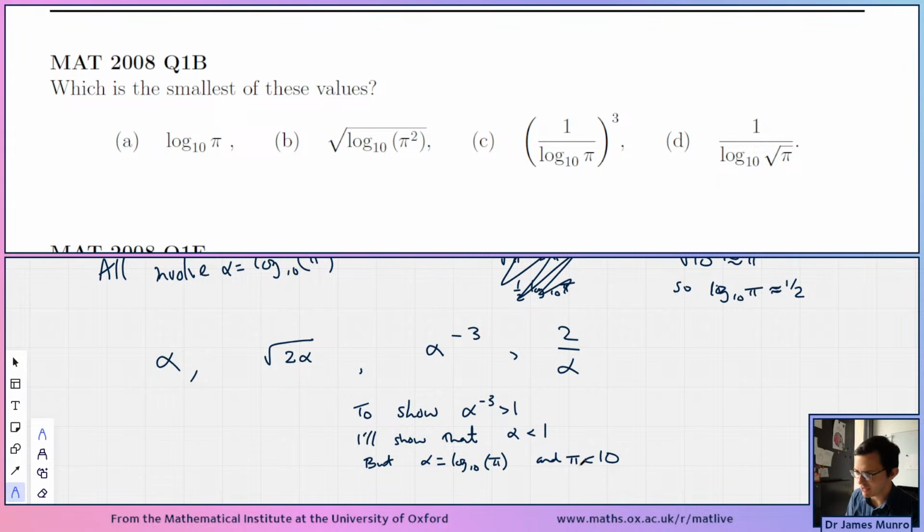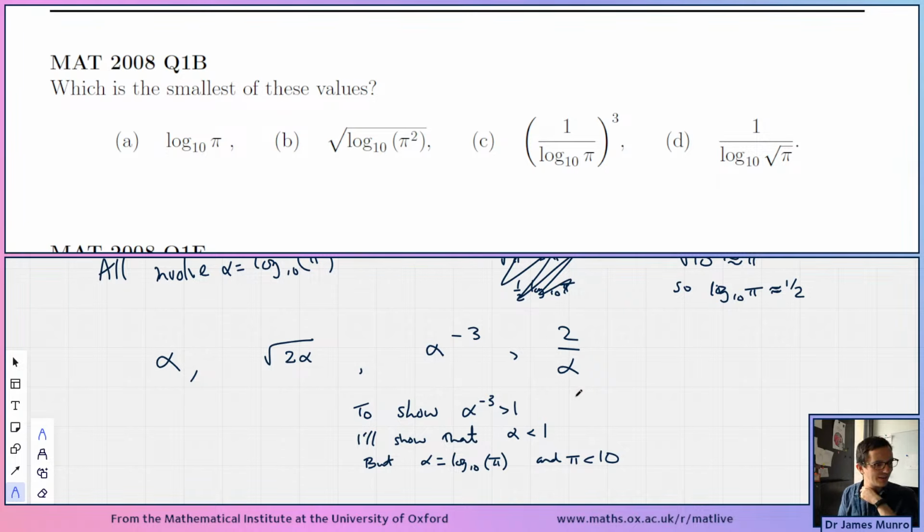So I've used the fact that pi is less than 10, which is a terribly imprecise statement about pi, but I think it's good enough to convince me that this is larger than 1. And maybe this one as well. If alpha is less than 1, then this thing is larger than 2. Yeah, good. C and D are larger than 1.